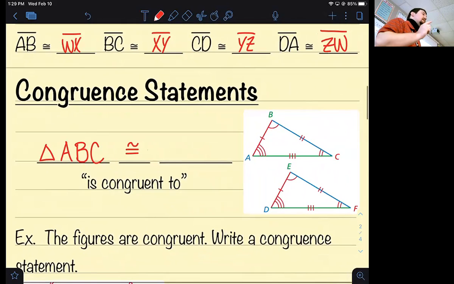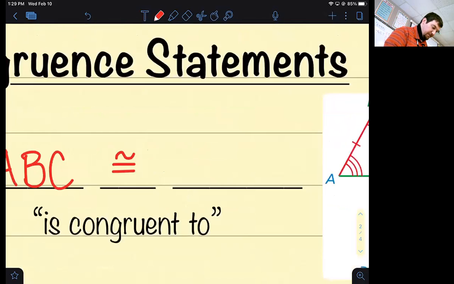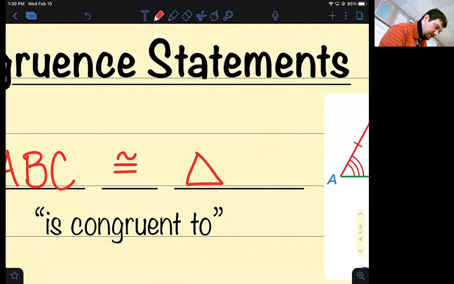Now, because Devin chose to say the top triangle was triangle ABC, he didn't really give us a choice of how we can say the bottom triangle. We have to match up A with its angle, B with its angle, and C with its angle. So Elise, if Devin said ABC, what are the three angles in the order that match up with ABC on the bottom triangle? D, E, F. Good. So triangle DEF.